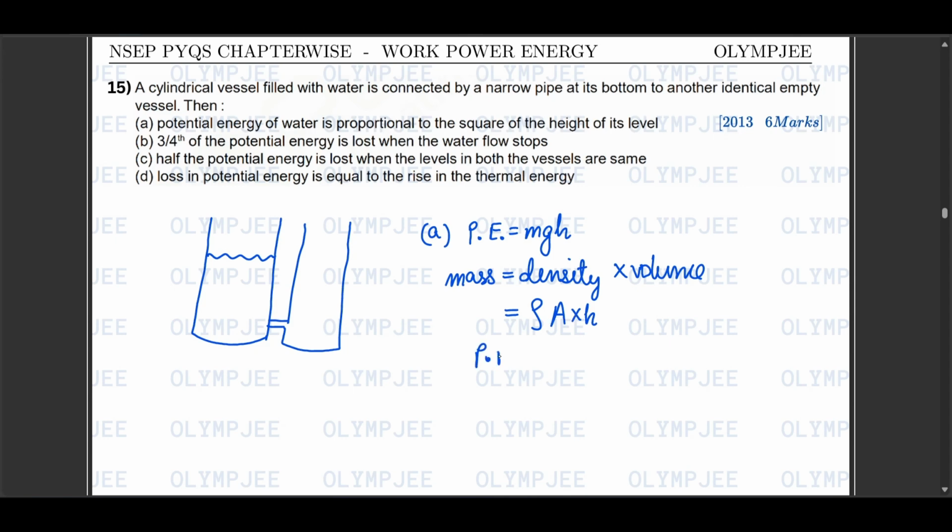Potential energy would finally be given by, this h is not the height of the water, this is the height of the center of mass, because the whole volume of water can be considered to be located at the center of mass, and the center of mass would be located at half of this height, H by 2. That is very intuitive. We can also derive it. So P would be rho A H g H by 2. So it is proportional to H square. So option A is correct, that potential energy is proportional to the square of the height.